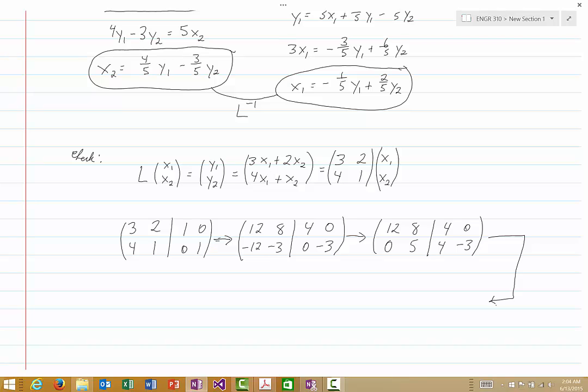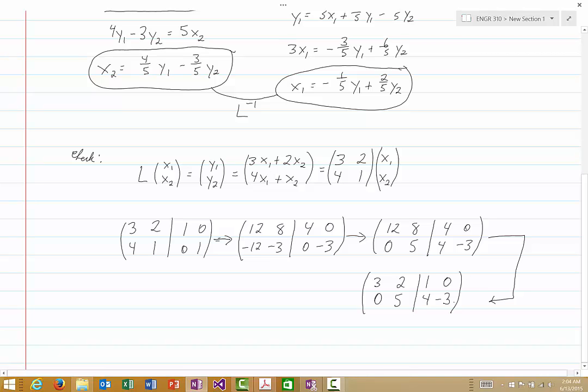So you might do this differently, but I'll just show you the way that I would do it. If we divide the top row by 4, we would get 3, 2, 1, and 0. And that doesn't affect the second row at all, so we still have 0, 5, 4, -3 there.